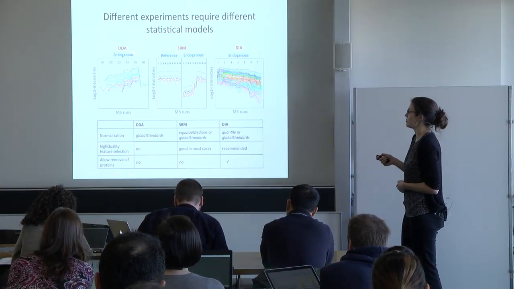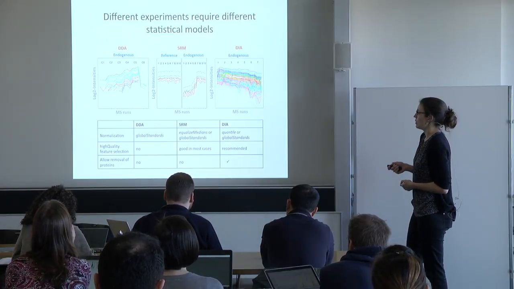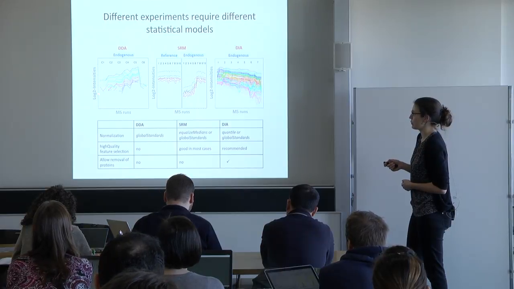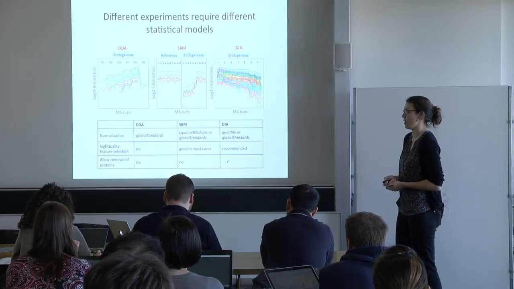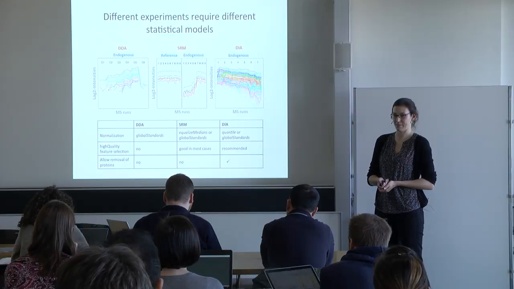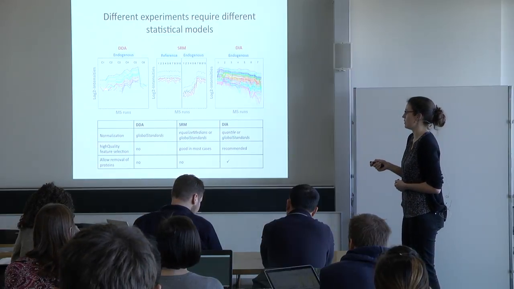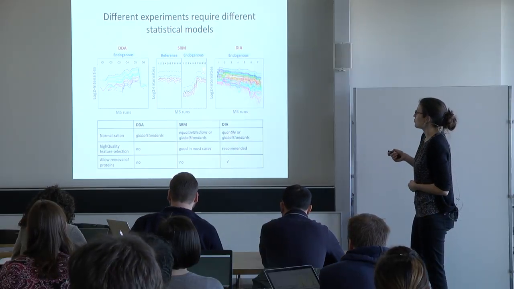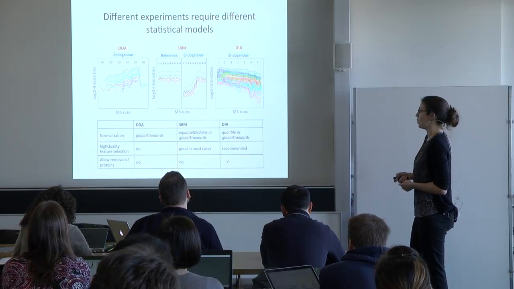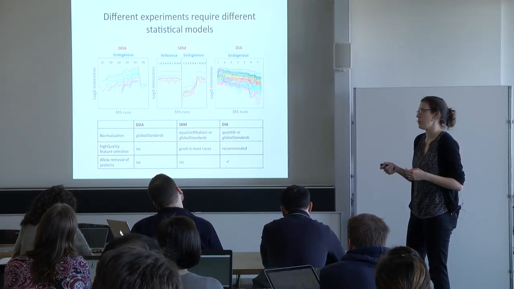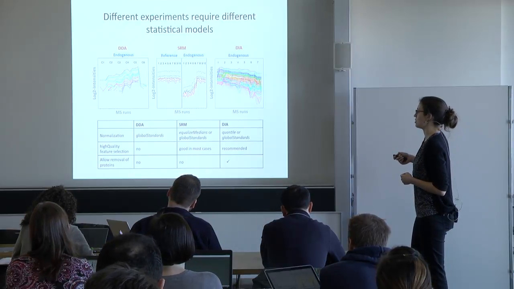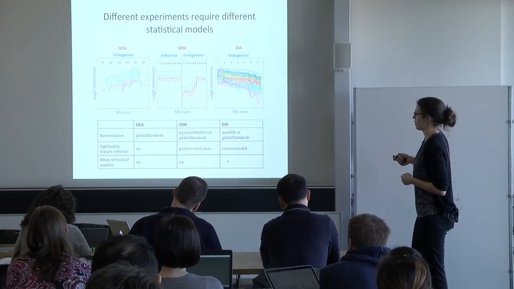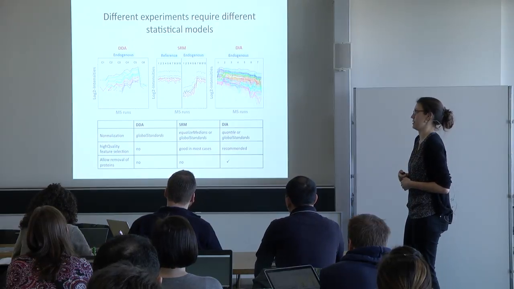If you have a DDA experiment, you have quite a lot of peptides measured per protein. However, you have this holey data, right? So you don't have a measurement for all of the runs. If you have SRM data, you only measure quite a few peptides per protein, but you usually get very complete and high quality data sets.